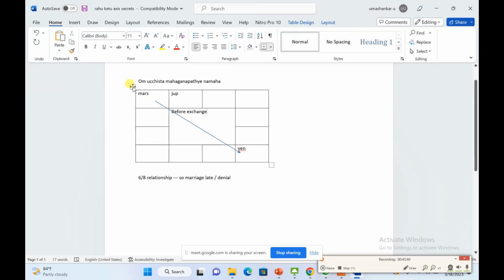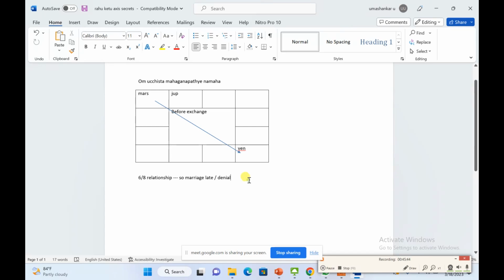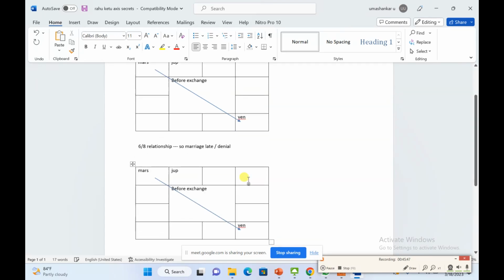Now let me take a chart for after marriage, after exchange. After exchange, what happens? This Mars will go to Mars house, Jupiter will go to Jupiter house. Now there is a marriage.